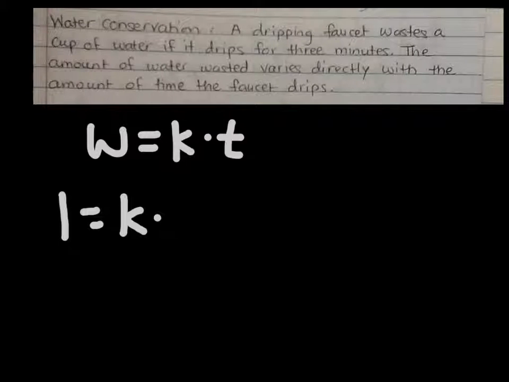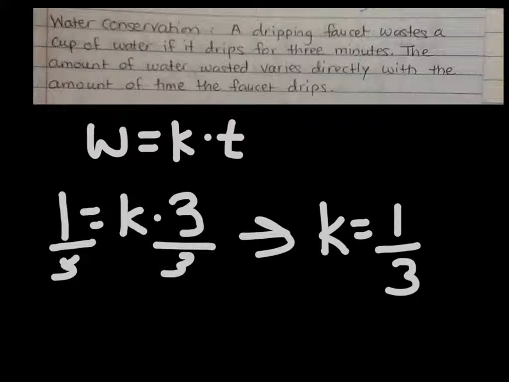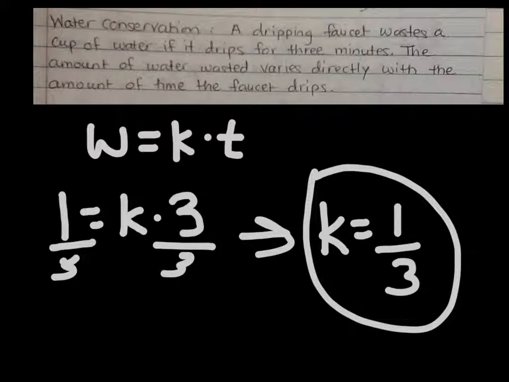That's why we can say times 3. The original question was, we want to find the constant of variation. So if we divide both sides by 3, we get K is equal to 1 over 3. That is our constant of variation. Now let's see if this makes sense in our formula.